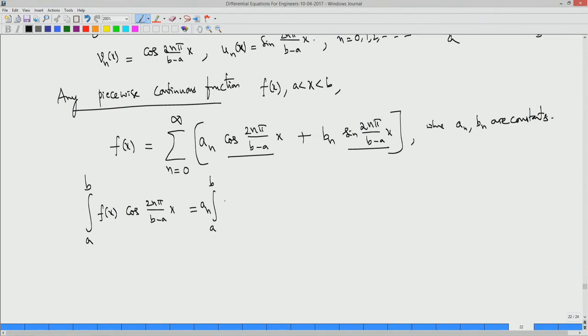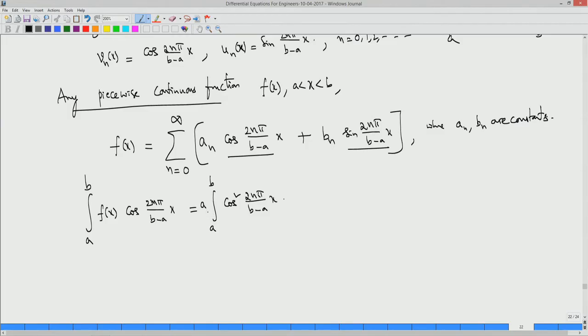a_n, cos² (2nπ/(b−a) x), if you multiply with cos 2mπ, so let us use 2m.